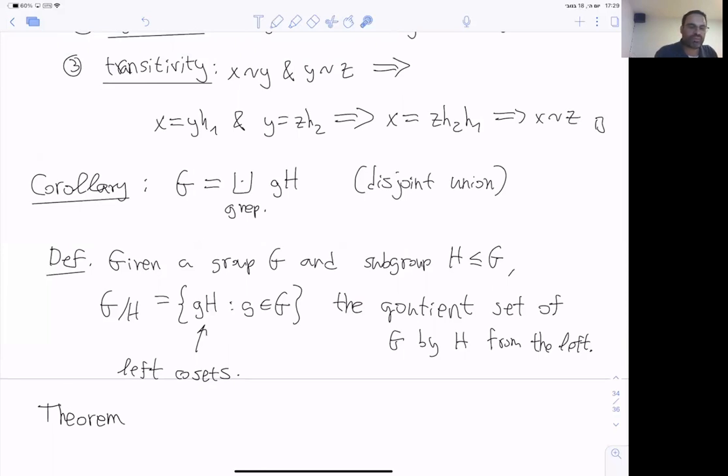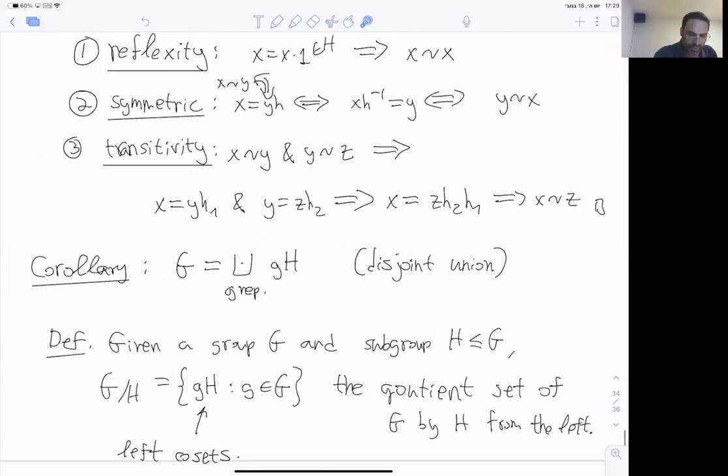Once you partition a set into equivalence classes, then the whole set is a disjoint union of the equivalence classes. This is a property of any equivalence relation. I mean, this was the proof actually, that it is an equivalence relation. Cool, thanks.